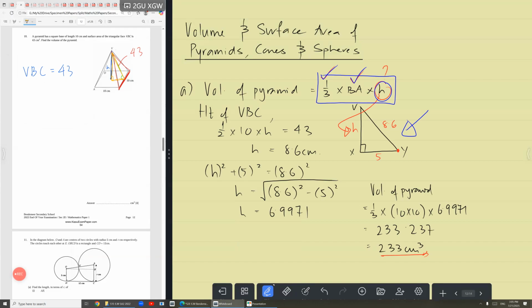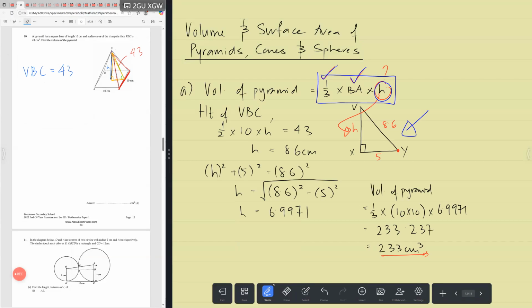The other thing that you need to take note of, let me just tidy up this diagram, is that for your pyramid, this distance is just half of your AB. If you have a rectangular pyramid, the length from the center to this side is just half of this length here.